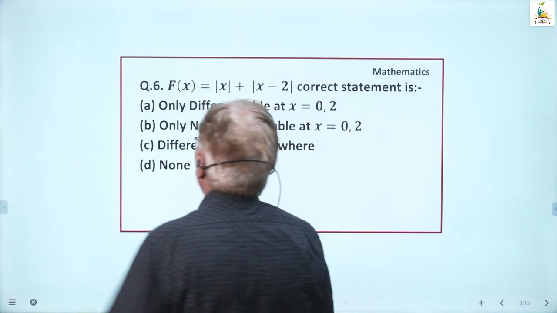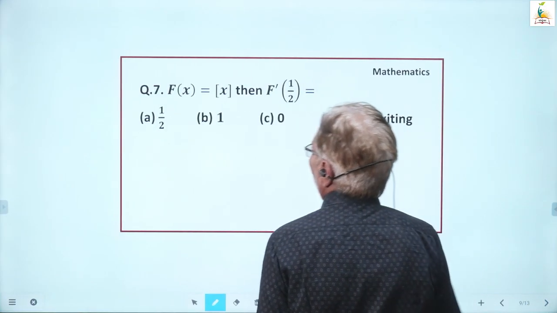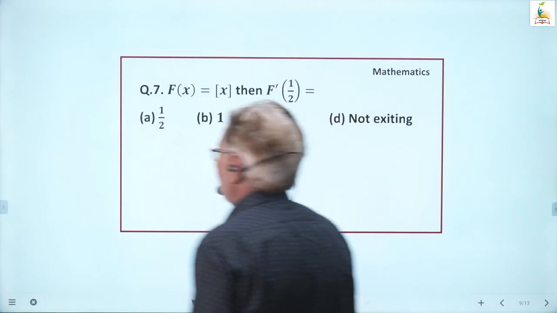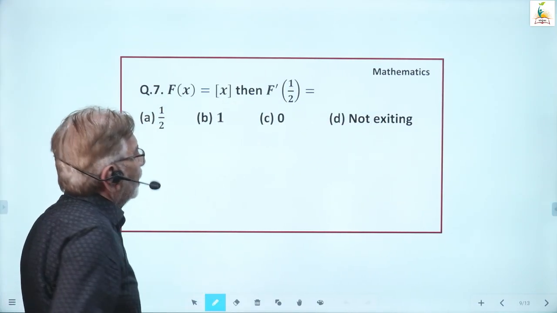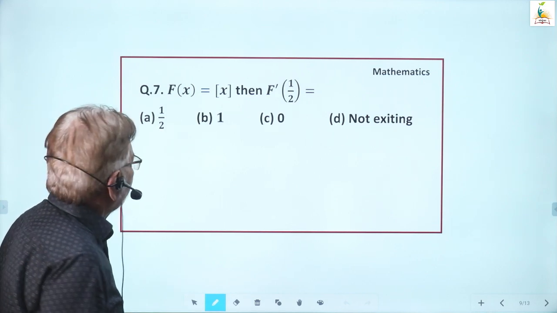f(x) equal to mod of x plus mod of x minus 2, same question. f(x) equal to greatest integer x. So he is studying, what is f dash half? What is f dash half?